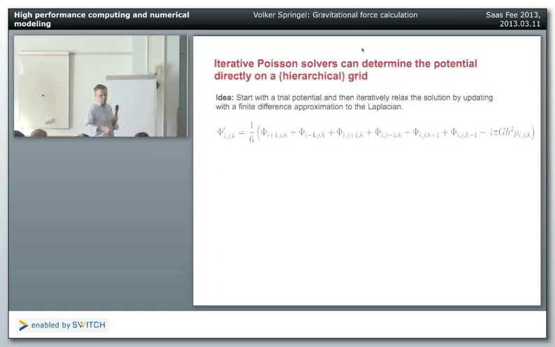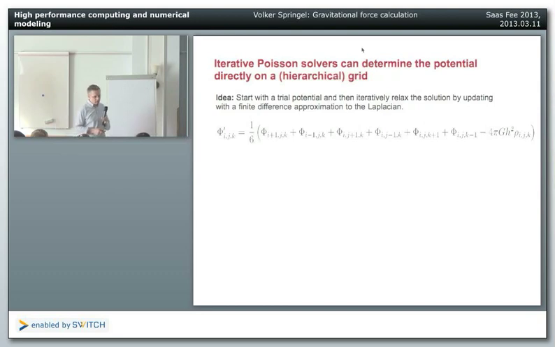If you have the potential guessed on the grid somehow, then you can improve this guess by an iterative formula like this. This is basically just a finite difference representation of the Laplace operator and the Poisson equation. And by repeatedly applying such a formula, you will converge to the real potential. And that is then a real space relaxation technique, avoiding Fourier transform business.